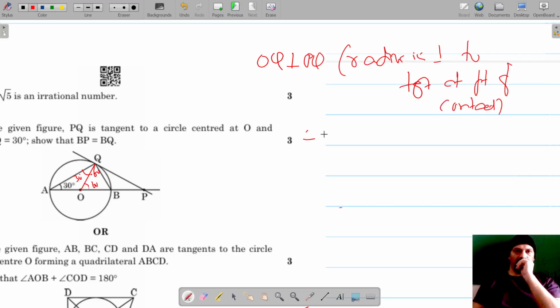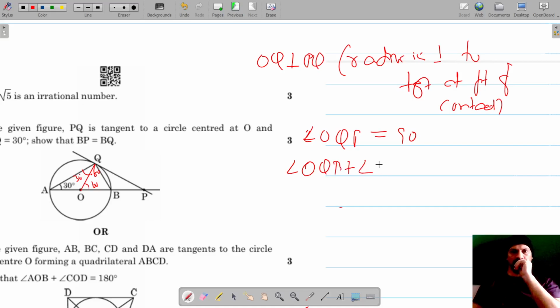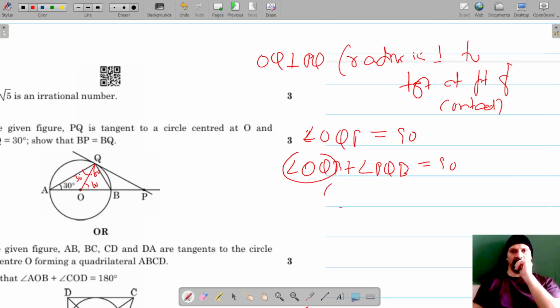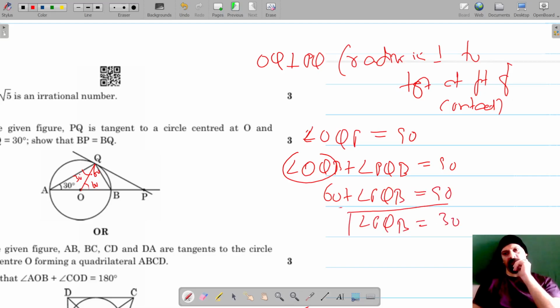So angle OQP is equal to 90 degrees, and OQP is a combination of angle OQB plus angle PQB, which is equal to 90, and we know the value of OQB is 60. So 60 plus angle PQB is equal to 90, which gives me angle PQB is equal to 90 minus 60, which is 30. So this angle is 30 degrees.